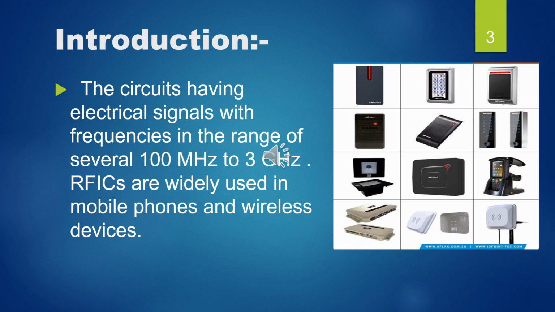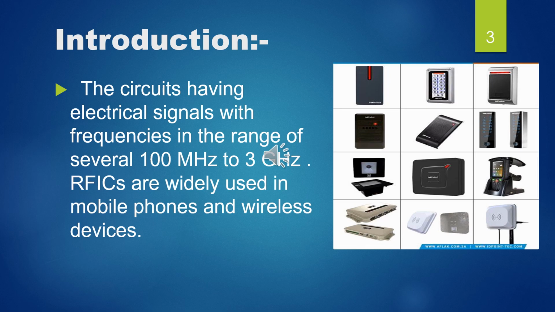In general, RF circuits are also known as cell phone circuits or mobile circuits. Those circuits which can operate with radio frequencies, or the circuits having electrical signals with frequencies, depending on the type of RFIC, having the range, it may be 30 megahertz to 300 megahertz or 100 megahertz to 3 gigahertz.